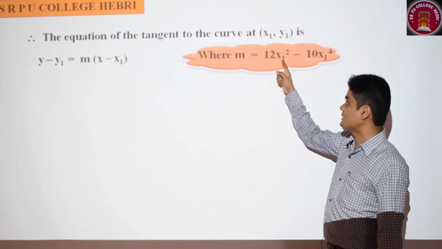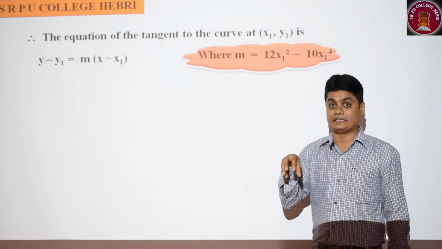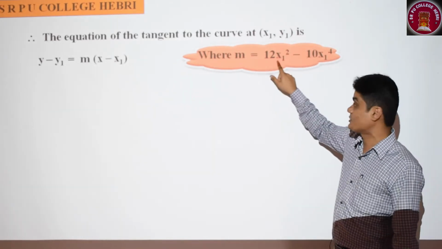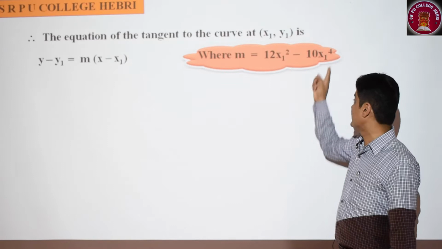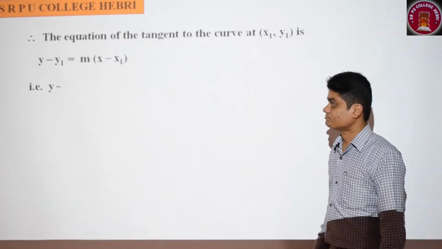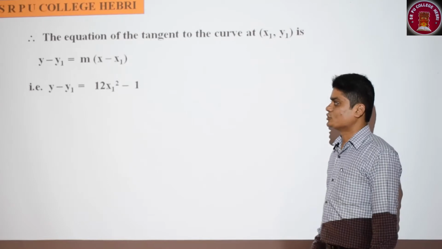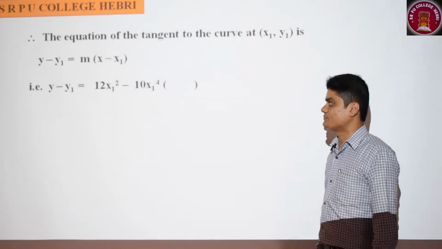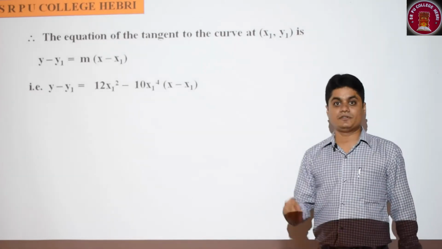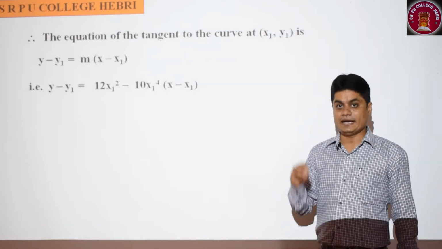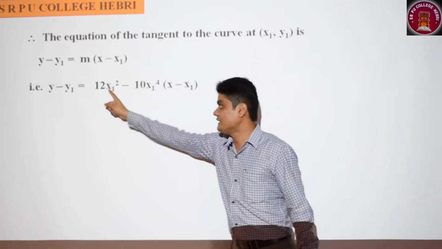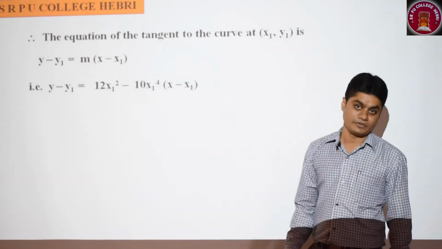Remember, here m is not a real number, it is an algebraic expression with x1 square and x1 power 4. So y minus y1 equal to 12x1 square minus 10x1 power 4 into x minus x1. This represents the equation of the tangent at x1, y1, with this slope.